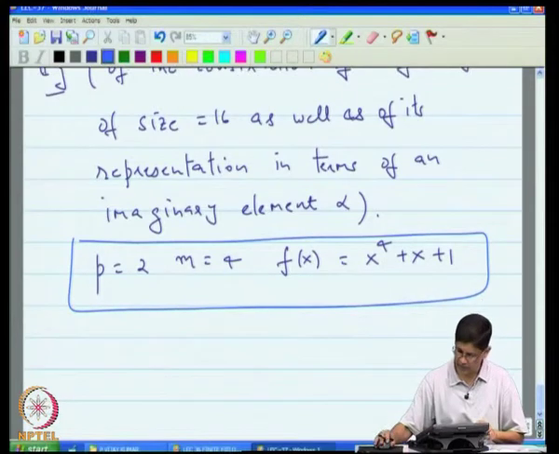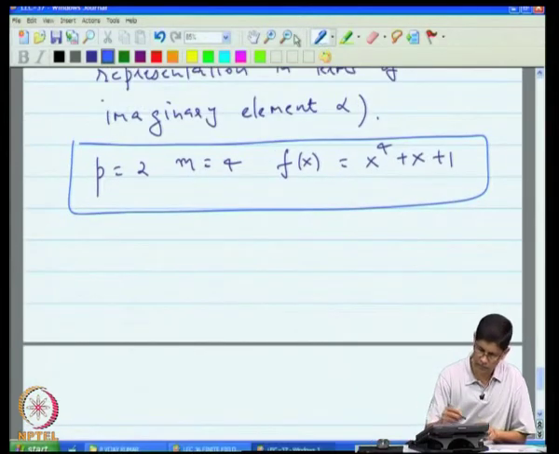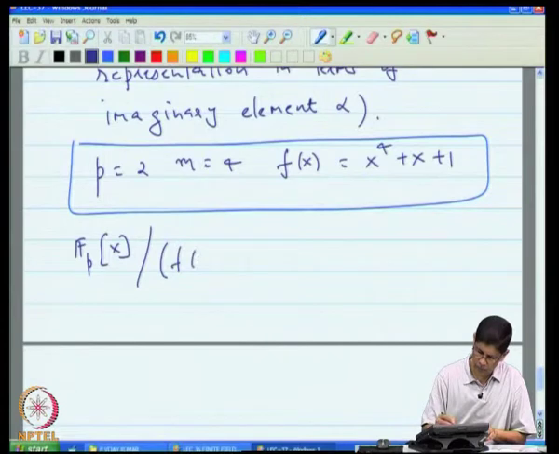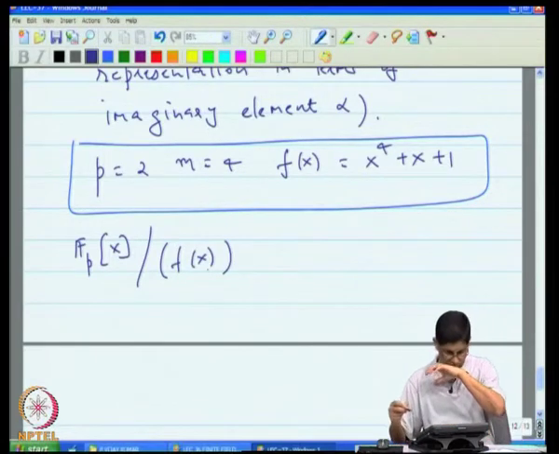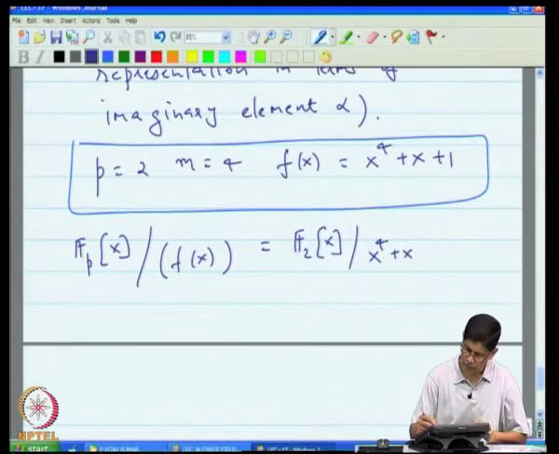So that means that strictly speaking, one should consider F_p of x modulo f of x, or in other words, you should consider the set of all binary polynomials modulo x^4 plus x plus 1.